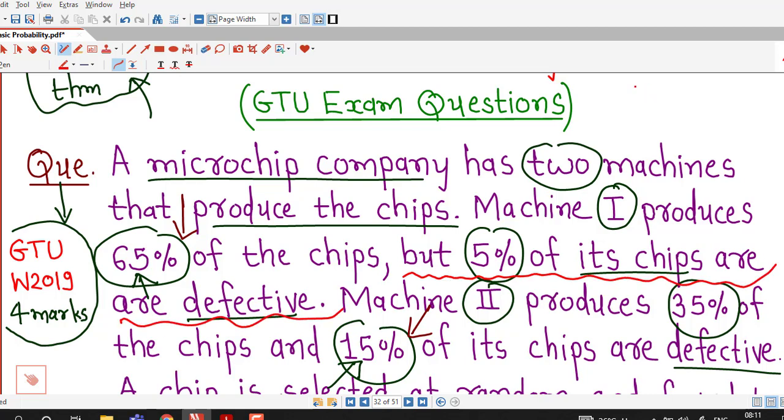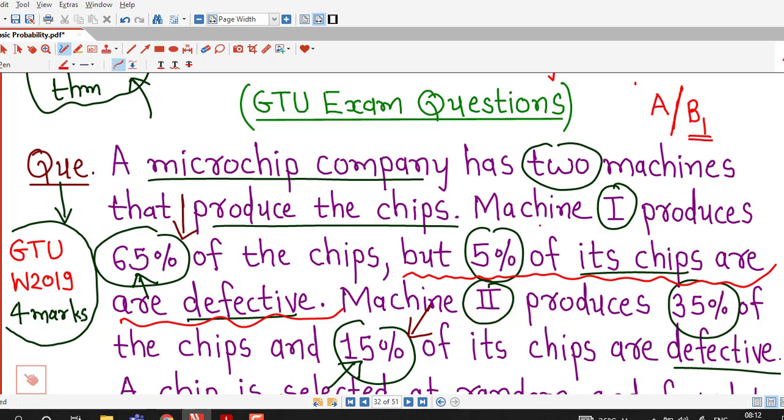If we are interested in the defective chips, then the event A given B1 denotes that chips are defective given that they are produced by machine 1.